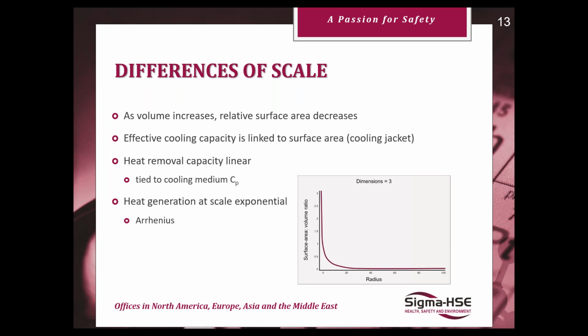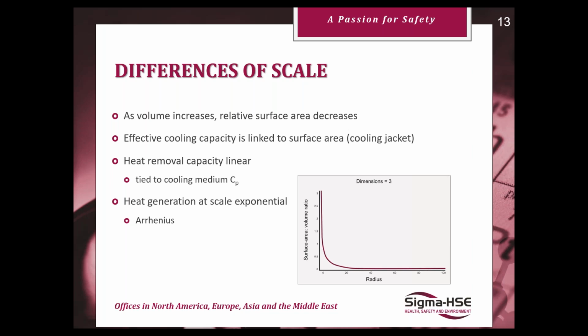This again links to differences of scale and how it ties into your project development timeline. You may be running synthesis tests early on in typical laboratory glassware, small scale. Now, when you have a small scale system, your surface area is relatively large and you can lose heat much more readily to the environment.